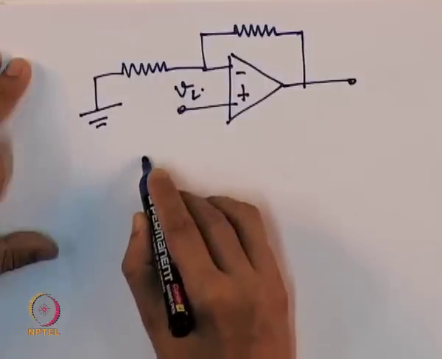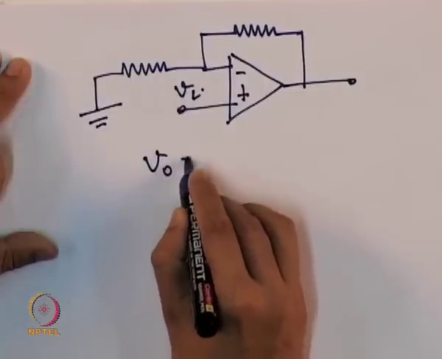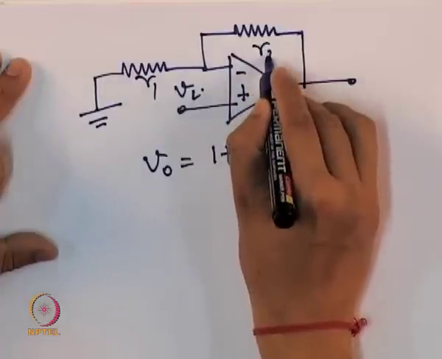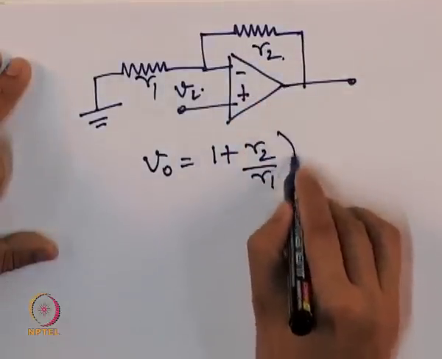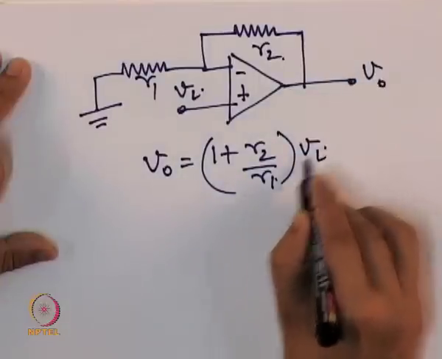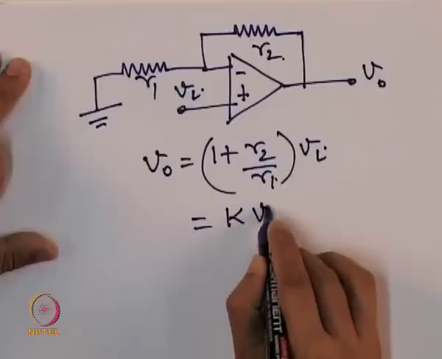Here VO is equal to 1 plus R2 upon R1 times Vi, which is k Vi.